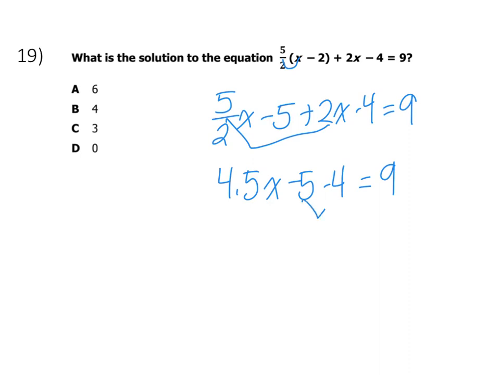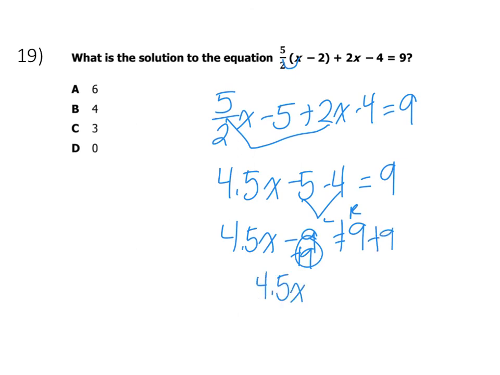Negative 5 minus 4 gives me negative 9, so I have 4.5x minus 9 equals 9. I want to move my negative 9 to the right-hand side of my equation. Remember, right, left. We'll add 9 because addition is the inverse of subtraction, plus 9. So I have 4.5x equals 9 plus 9, which is 18.